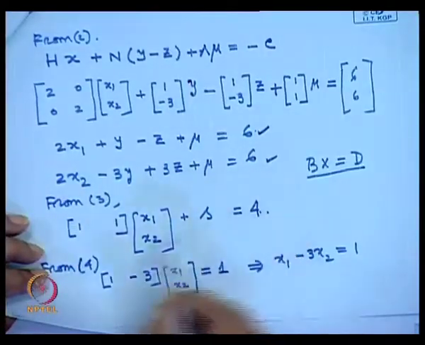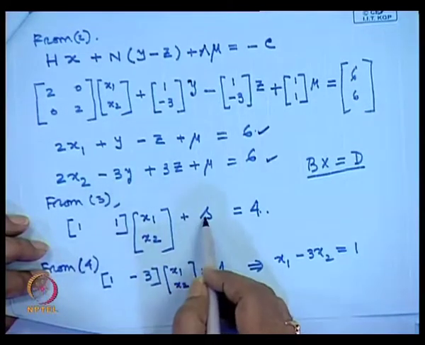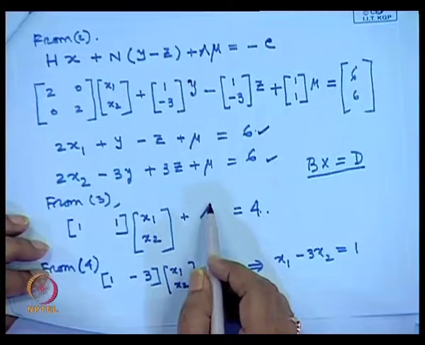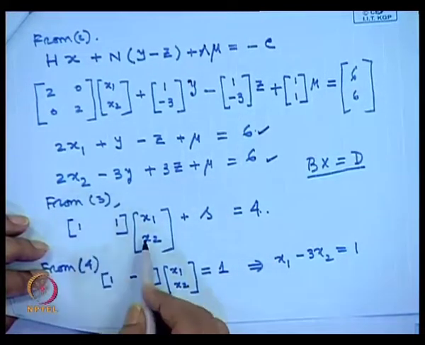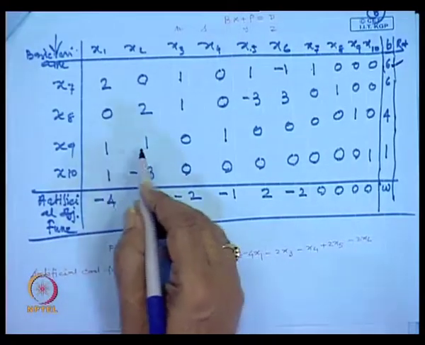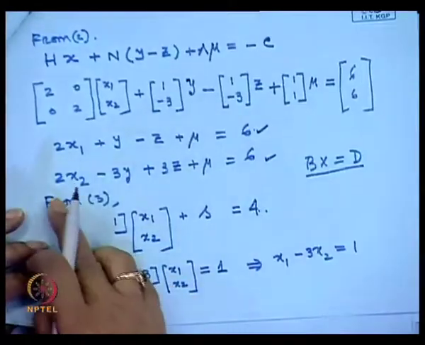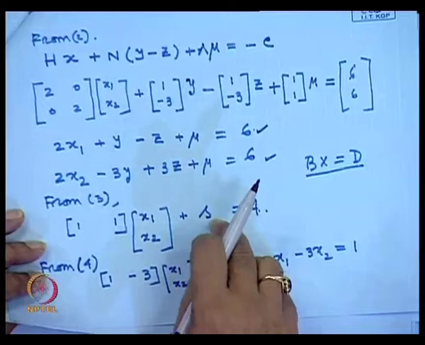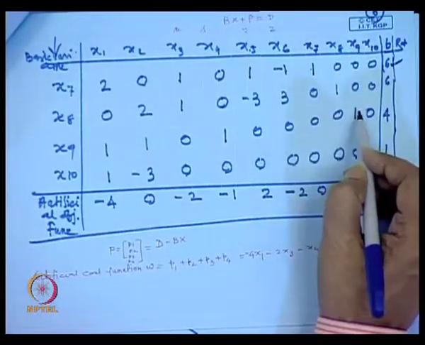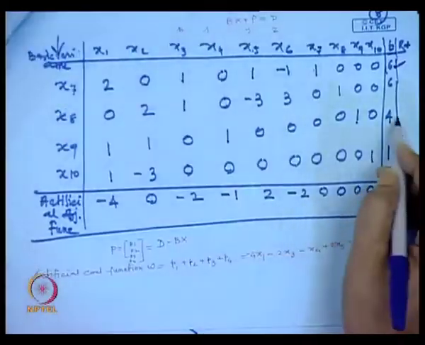From equation 3, x1 plus x2 plus the slack is defined by the variable x4. So, x1 coefficient 1, x2 coefficient 1, x4 coefficient 1, and this is the third equation. Then p3, corresponding to x9, has coefficient 1, and this is equal to 4.